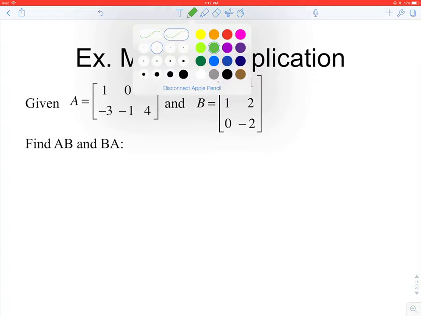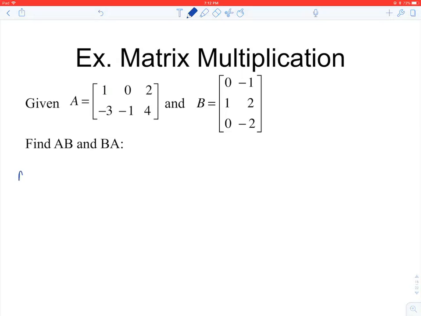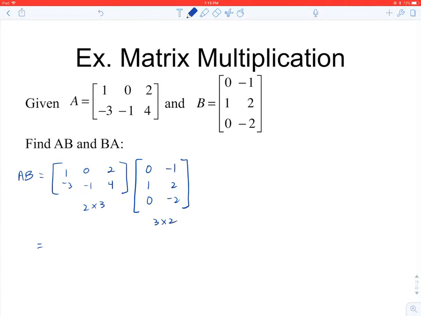Okay, so let's find A times B here, if it exists. A is a 2 by 3 and B is a 3 by 2.